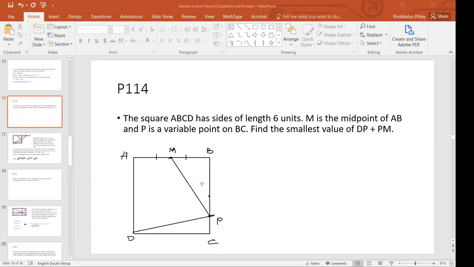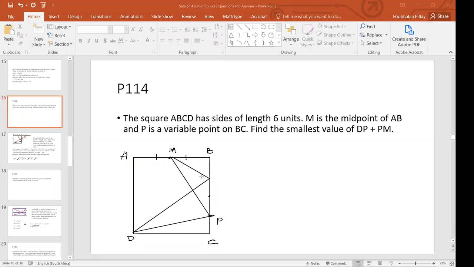So how do we go around finding this? There are quite a few P's. You can choose P anywhere here. And each time you choose a P, you get a sum of two numbers. So where must P be so that this plus that is as small as possible?